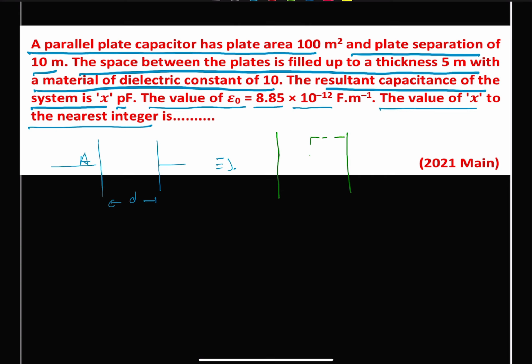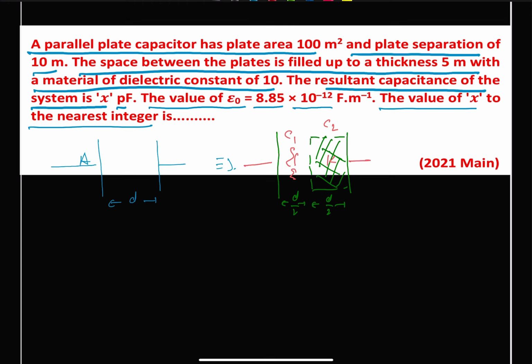So this is the dielectric, with d by 2 here and d by 2 there. Therefore we get two capacitors now. One is C1 with air as the dielectric, and another one is C2 with a dielectric of constant K, and the value of K is given as 10.